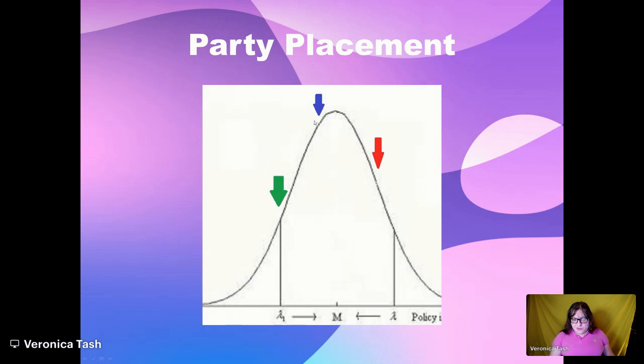Now, we're not going to the Democrats yet. This is what happens if you get too close to the center. If you get too close to the center, you're going to have someone like the Green Party in this case coming in at this more left-wing level, getting attention.